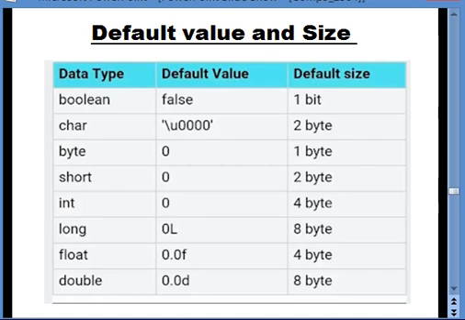In case the user does not give any value to the variable, then by default the computer is going to initialize some value. So these are the values which will be given to the variable in case the user does not give any value to the variable associated with the data type. And the size is also very important. So this screen is important. You have to go through the size and the default value for each and every primitive data type mentioned.